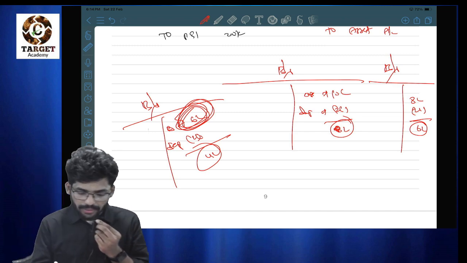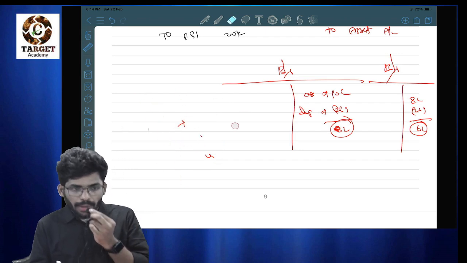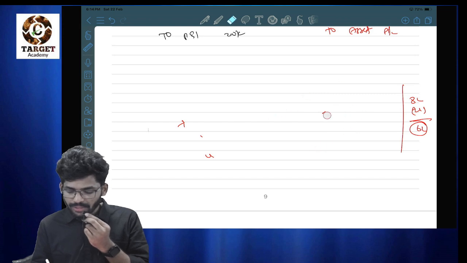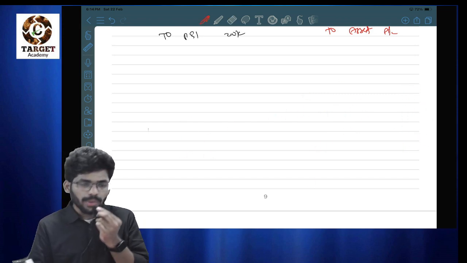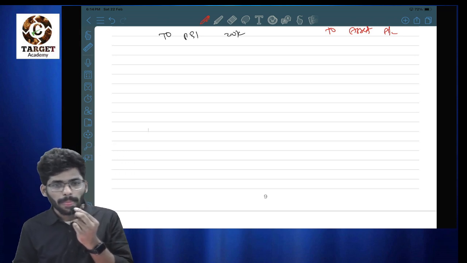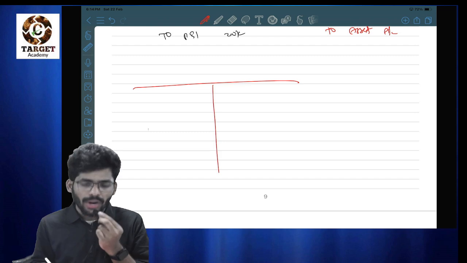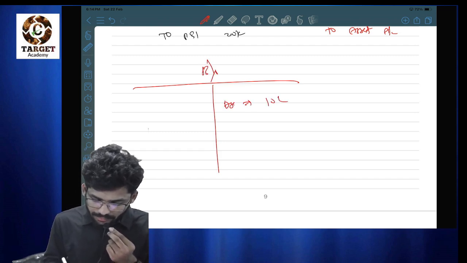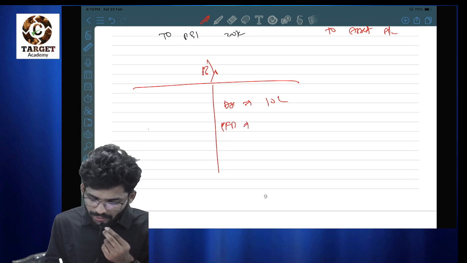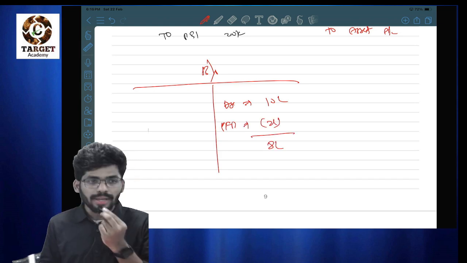For that purpose, they have introduced the concept of provision for depreciation. That's why every year depreciation will be transferred to the provision for depreciation account. In that case, if you want to see the balance sheet: asset 10 lakhs, provision for depreciation 2 lakhs. What is the balance? 8 lakhs.